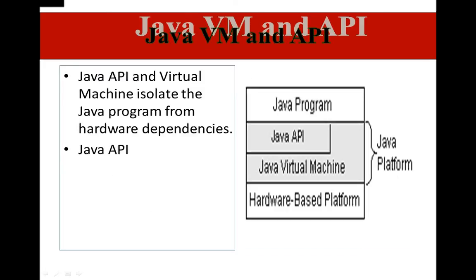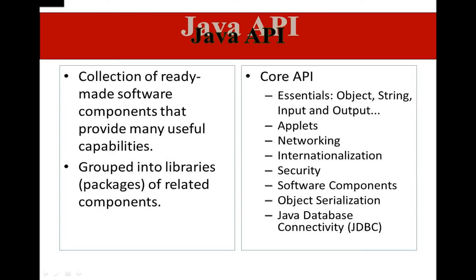The Java API contains some core application program interfaces. In fact, it's a collection of ready-made software components that provide many useful capabilities. And of course, these ready-made software components are categorized into different libraries, or different packages.